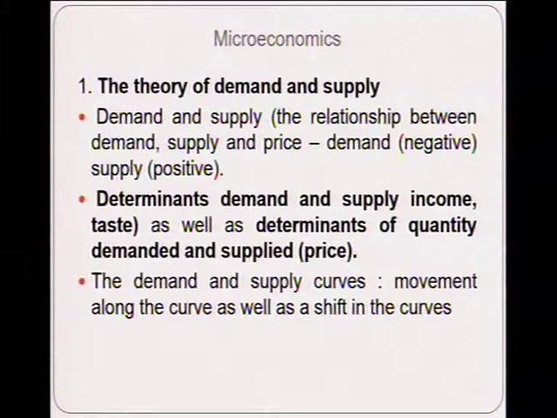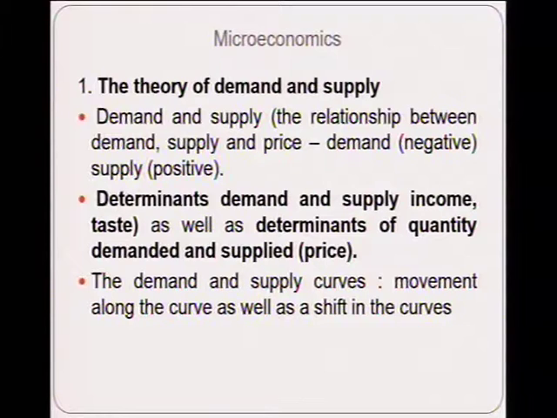Now, what are the determinants of demand and supply? We have a difference here. We have the determinants of demand and supply, and we have the determinants of quantity demanded and quantity supplied. What are the determinants of demand and supply? In other words, what determines how much a consumer demands or how much a consumer supplies?